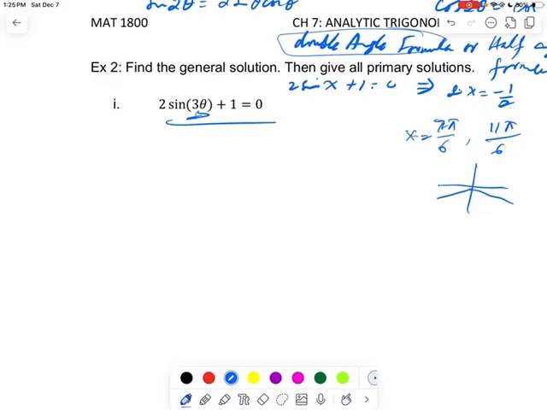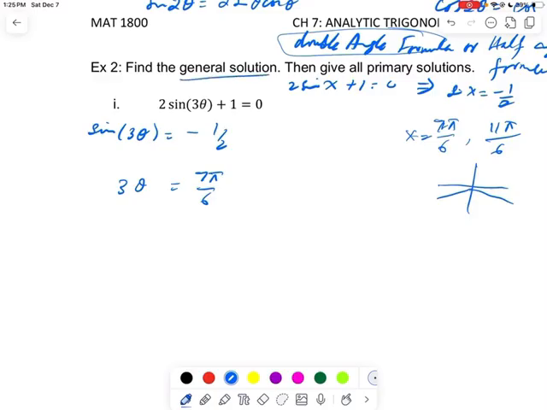Okay, so how do I connect what I just did with the given equation? I can write it as sine of 3 theta equals negative 1/2. So that we can say now 3 theta equals 7 pi over 6. But remember, we are looking for the general solution.